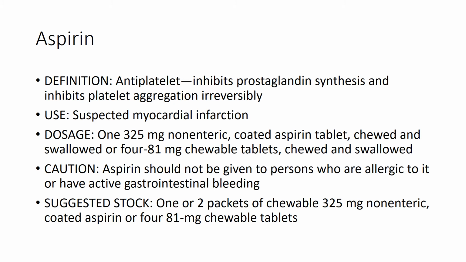Aspirin should not be given to a person who is allergic to it or has active gastrointestinal bleeding. For our emergency trolley, we can place 1 or 2 packets of chewable 325 mg non-enteric coated aspirin or 481 mg chewable tablet.